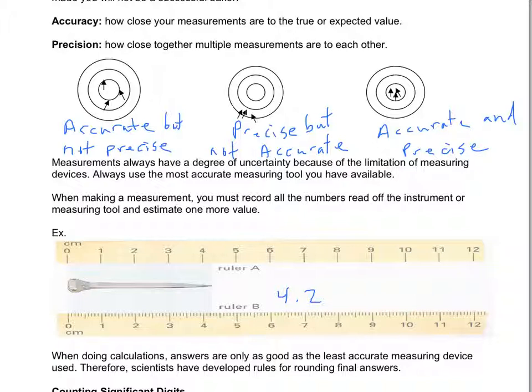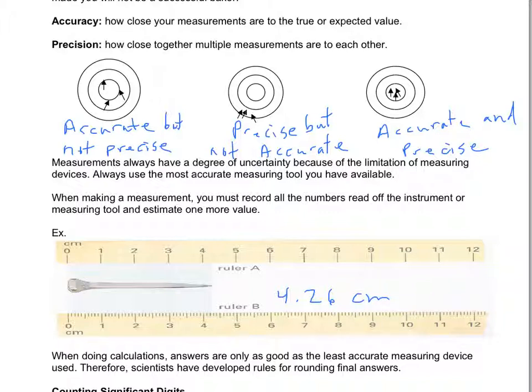Now I need to estimate one more value. The nail is not exactly at the 4.2 mark on the ruler. It extends a little bit further. I estimate how much more and record that number. I'm going to call it 4.26 centimeters. Now you might not agree with me.